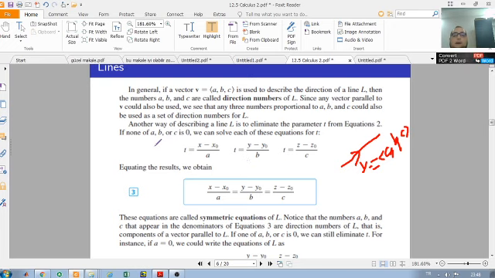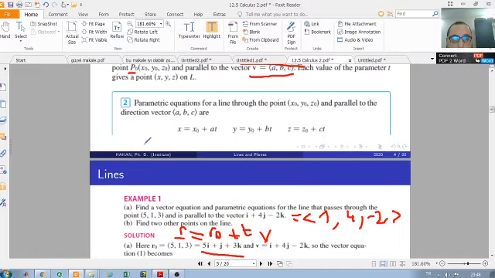Another way of describing a line is to eliminate the parameter t from the parametric equations. In the parametric equations we have x is equal to x0 plus a times t and so on. From here we find t for each equation. From the first one we obtain (x minus x0) over a. From the second one, (y minus y0) over b is equal to t, and (z minus z0) over c is equal to t.